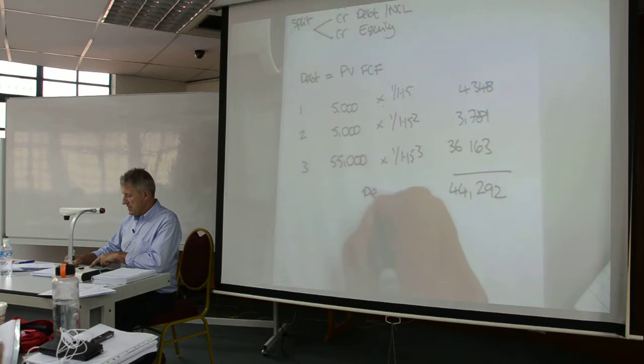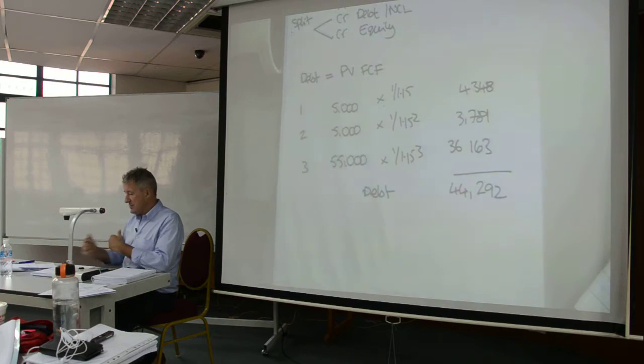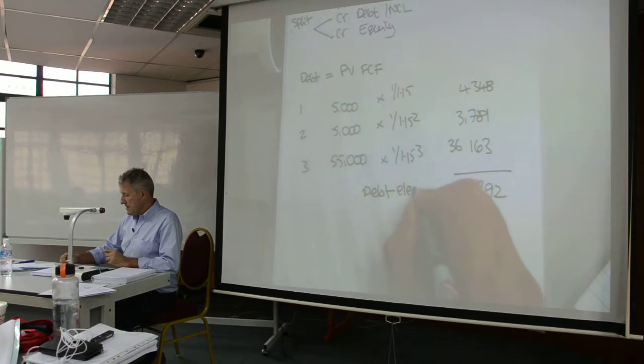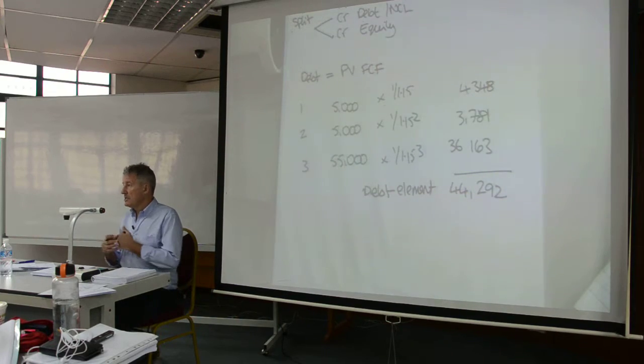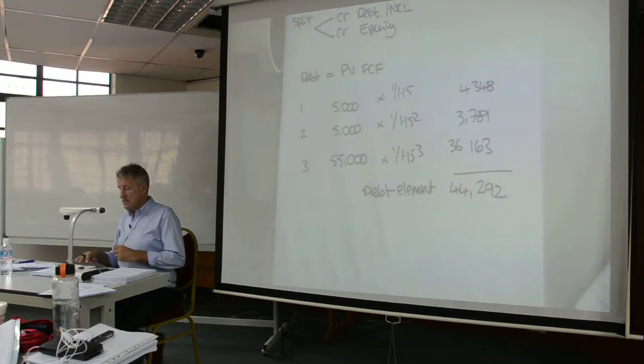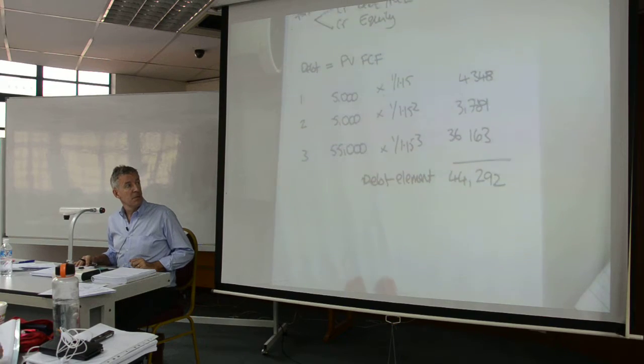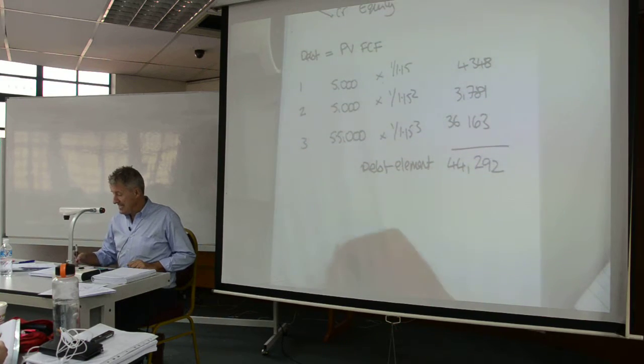So that is the initial recognition of the debt element. That is the amount of the gross proceeds that we would regard as being debt.